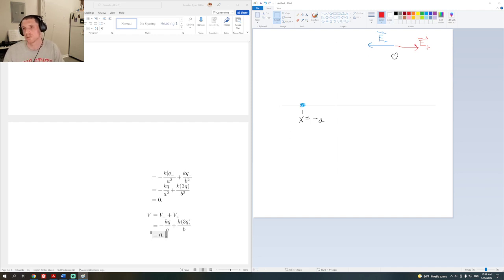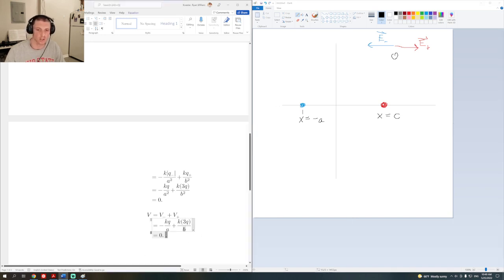So what we'll do is we'll say that here we have the positive charge now, when we're thinking about the electric potential, and we'll say that this is now at x equals c. So let me change my notation because these b's aren't the same, right? And I want to make sure that that's clear to everybody.